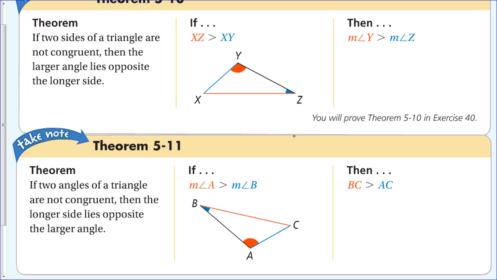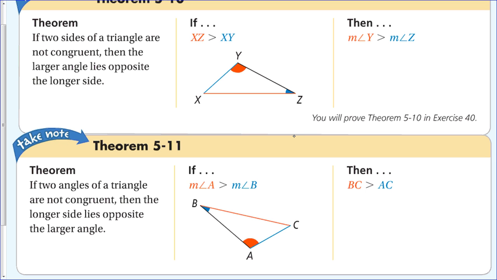The largest angle is always opposite the longest side, and the smallest angle is always opposite the smallest side, and vice versa. And then of course the medium side is always opposite the medium angle, basically.